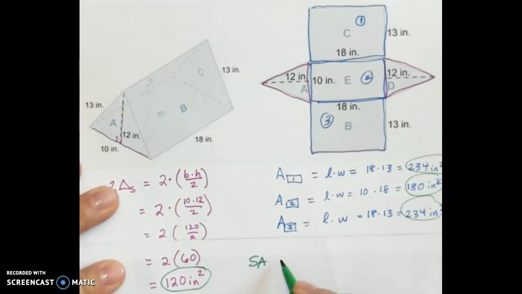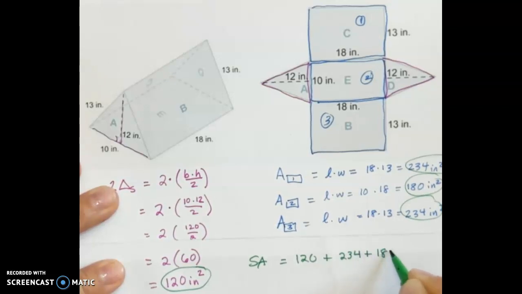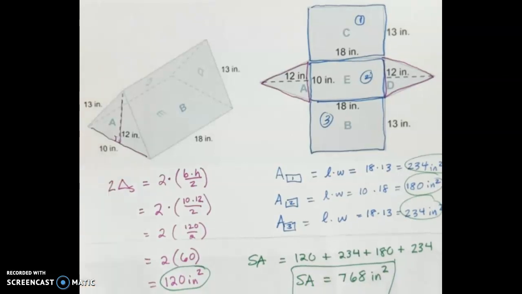So my surface area is going to be equal to 120 plus 234 plus 180 plus another 234, which gives me a total surface area of 768 square inches.